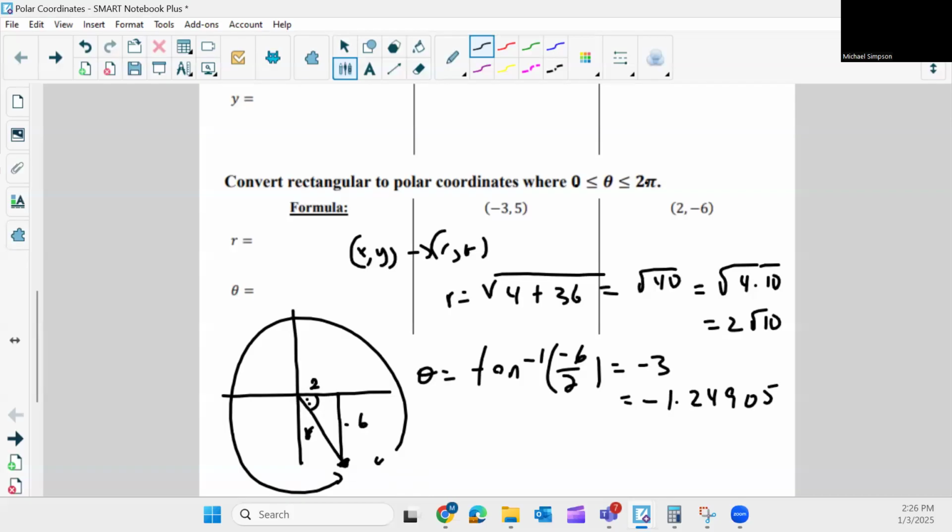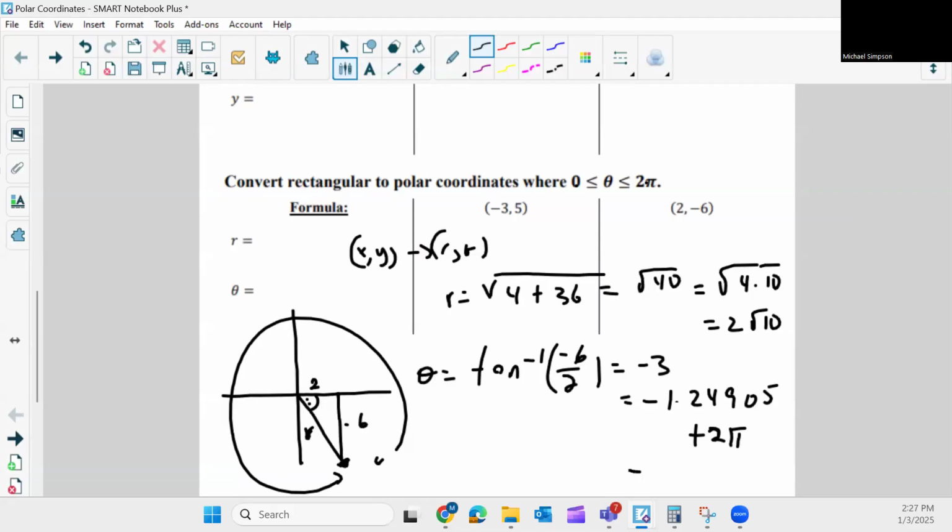So if I add 2 pi to this, I'll get the equivalent angle, which is between 0 and 2 pi. If I add 2 pi, that gives me 5.